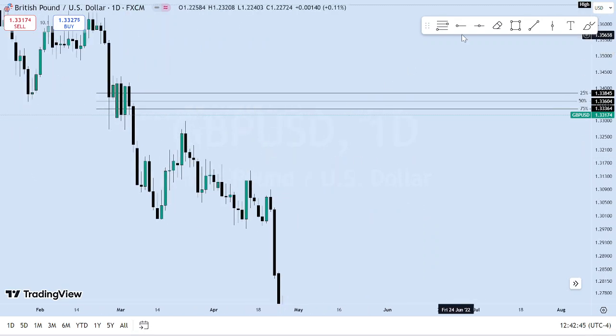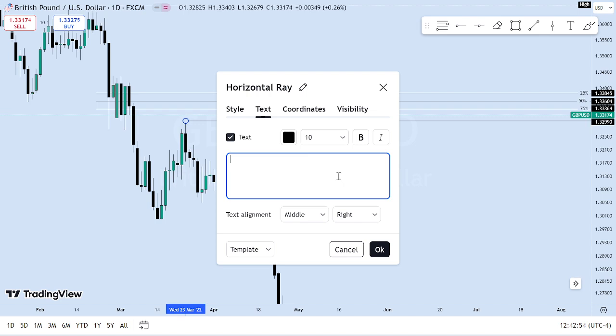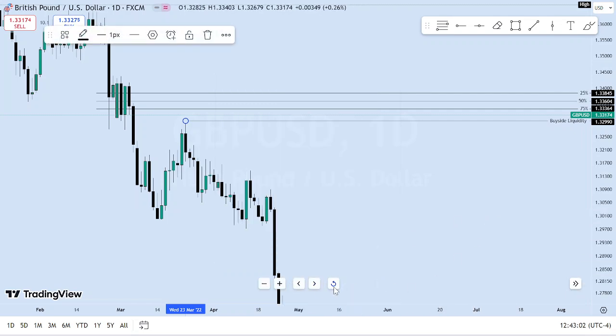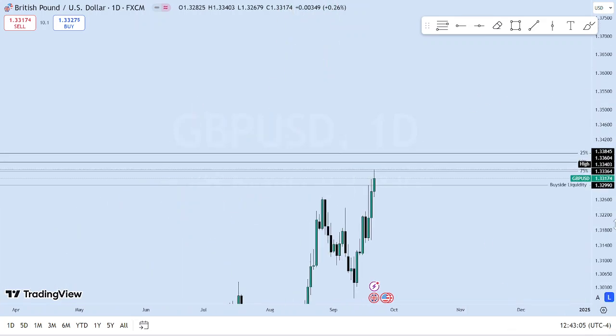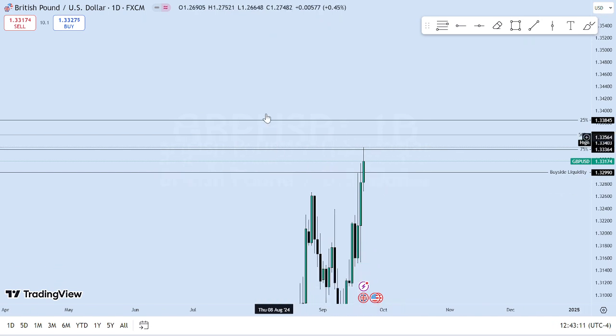Okay, already here is a buy side liquidity that has been taken, that has been swept. A buy side liquidity that is swept. You can see it here. Here is our weekly volume imbalance, 50%, 25%, and the 75% level. We traded at the 75% level last week and closed here. It's where we closed on Friday.